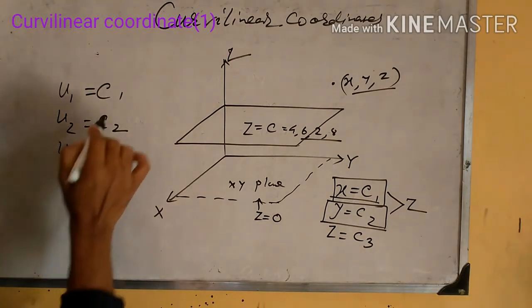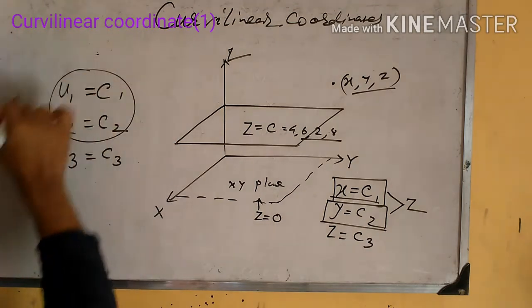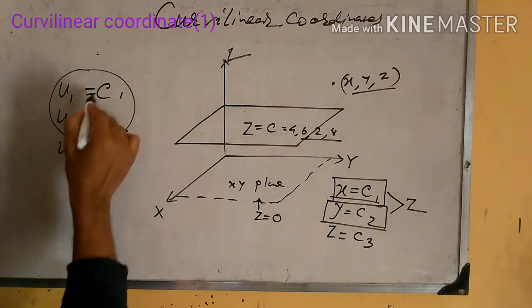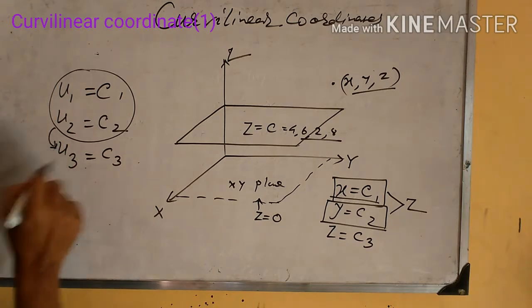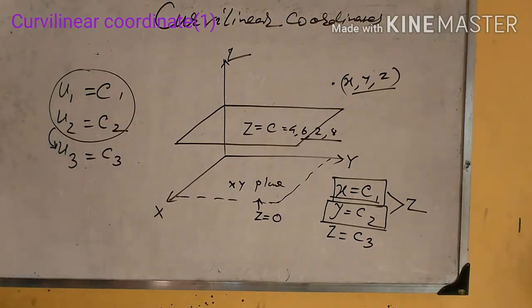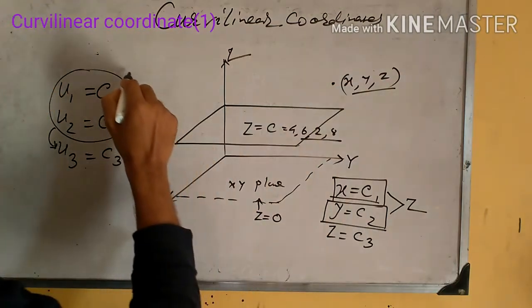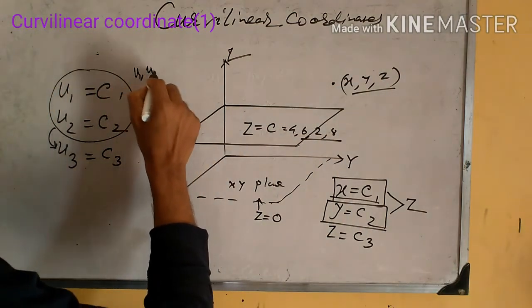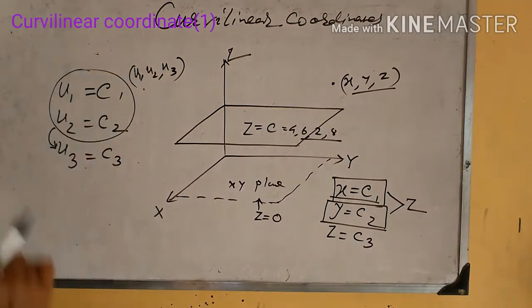Similarly, here also two surfaces intersect to give the third one. This is the position x, y, z. So here it will be u1, u2 and u3 in our arbitrary system of coordinates.